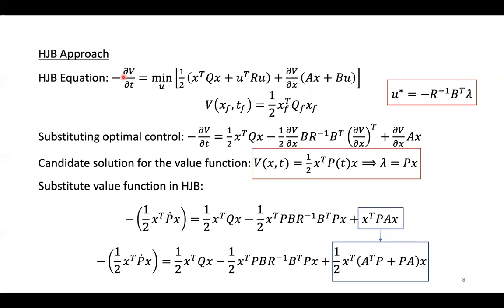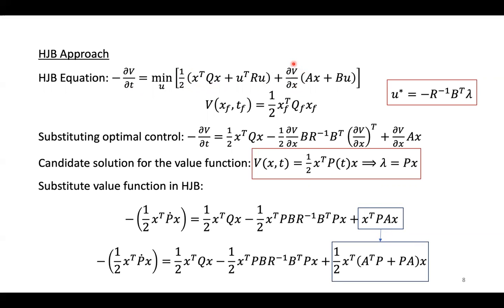Using the general Hamilton-Jacobi-Bellman equation from the previous slide, I can write the associated equation for this problem. Again, since the L is essentially the integrand of the running cost, I replace L with whatever the integrand of the running cost I have, which is half of X transpose QX plus U transpose RU.